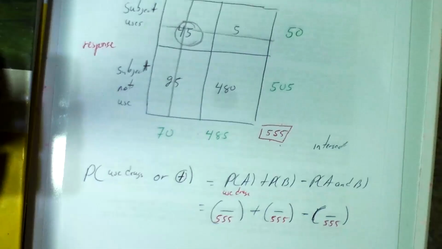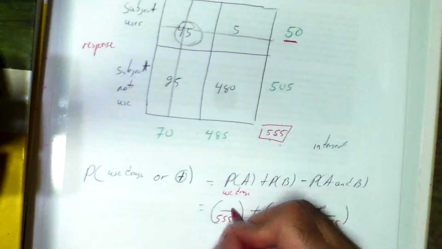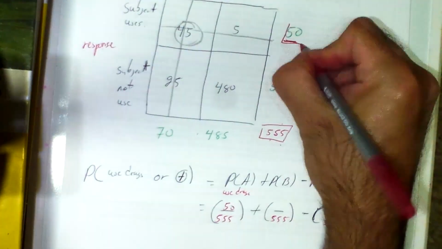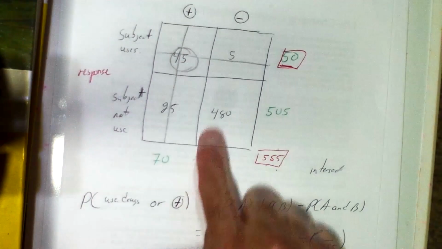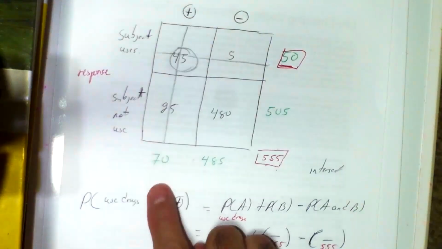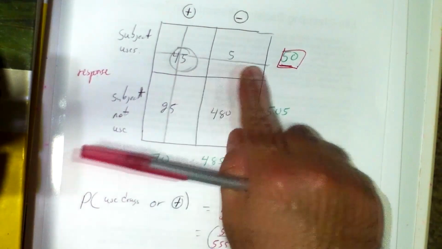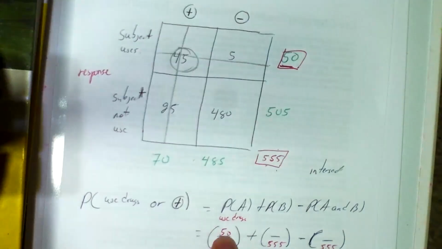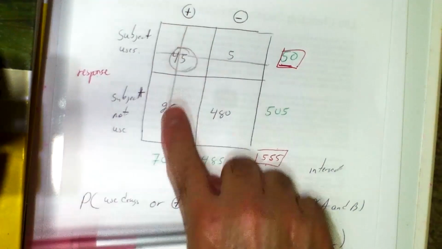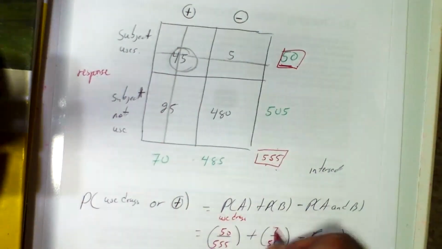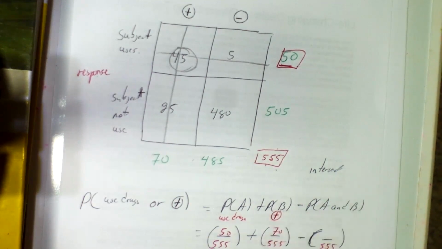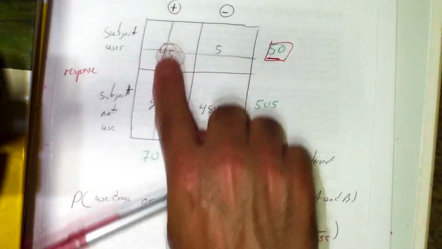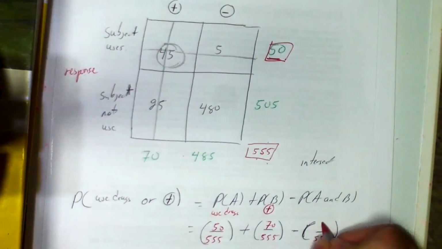So that's 50. All right. B is going to represent the people that tested positive. That is a column. Notice the lines point to the out edge. That's going to be the first 50. And then this line goes toward the next one, which is 70. This is the positive. And then the last part is where did they intersect? Look at the lines where they intersected. It intersected at 45.